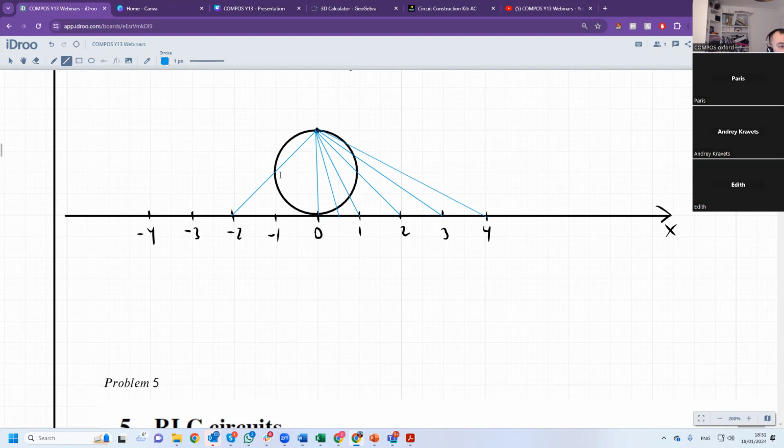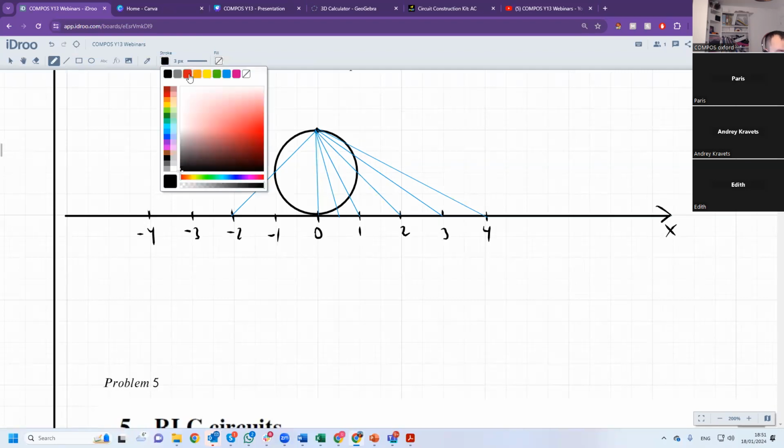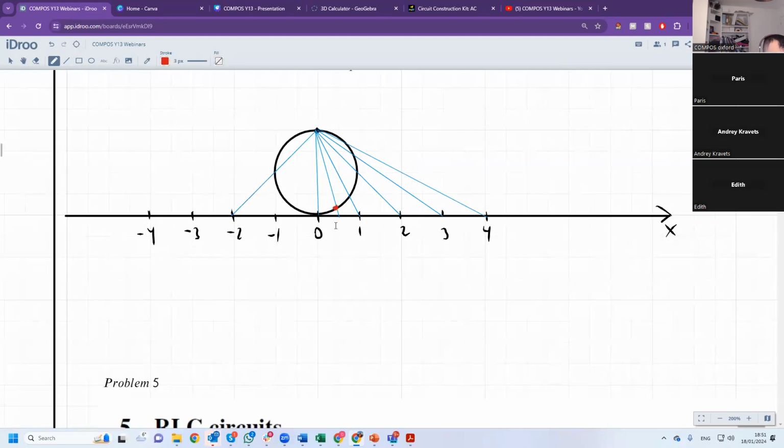So the line intersects the circle at a different point. Every line intersects the circle at a different point, and you can say that just this point corresponds to this point on the line. So this is 0.5, for example. This is 1. This is 2. This is 3. This is 4. This is -2.